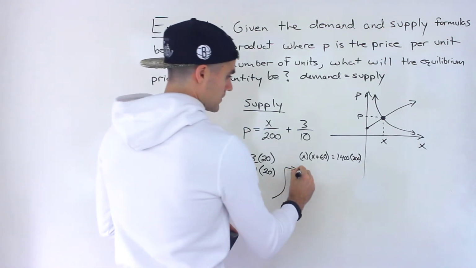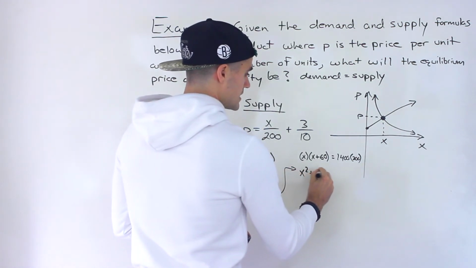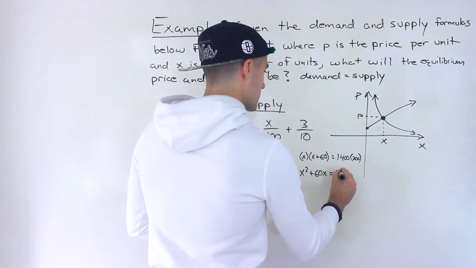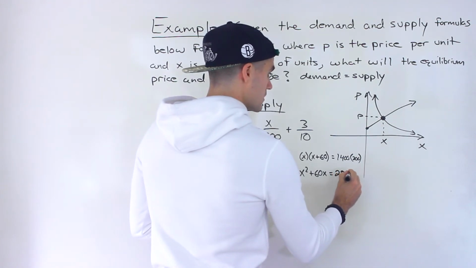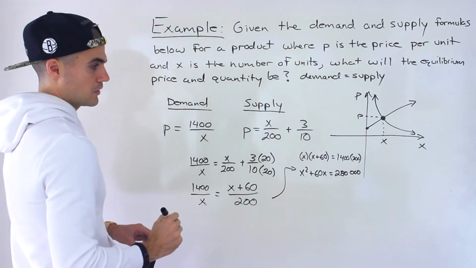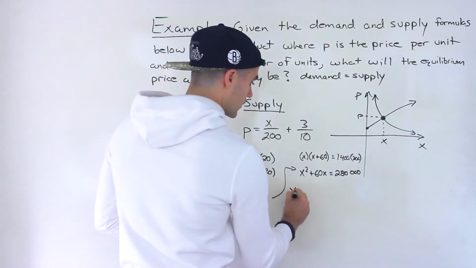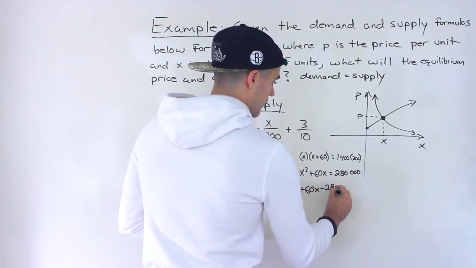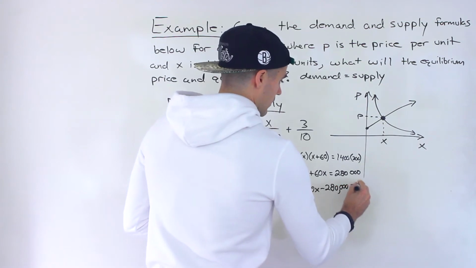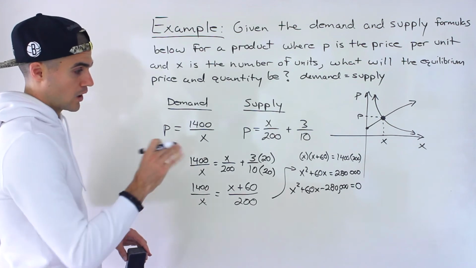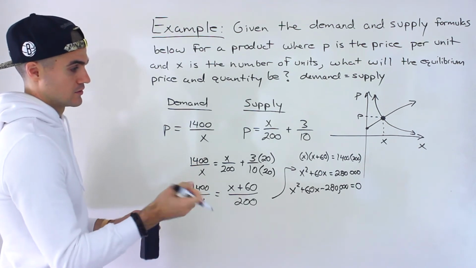We'd end up with x squared plus 60x equal to, this would end up being what? 280,000, when we multiply them. Then we could bring the 280,000 over. And now notice that we just have a quadratic equation.